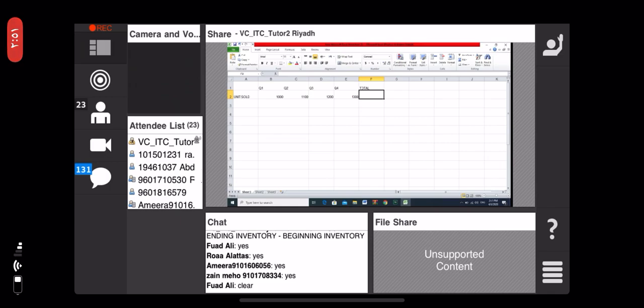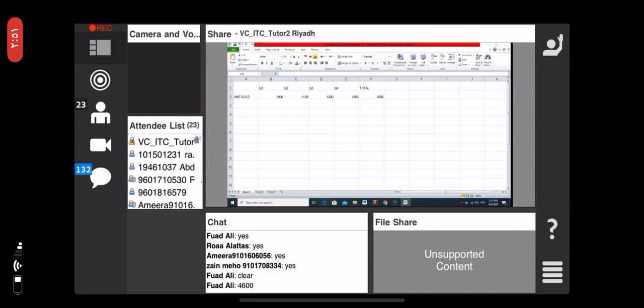So now what's the total amount of units to be sold? 4,600 units.